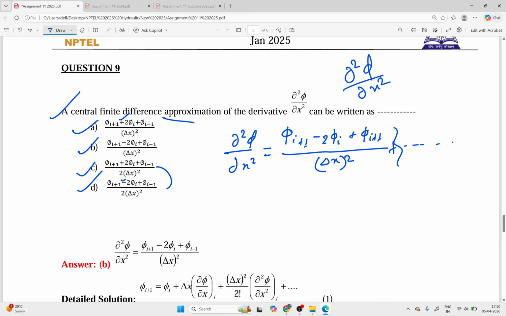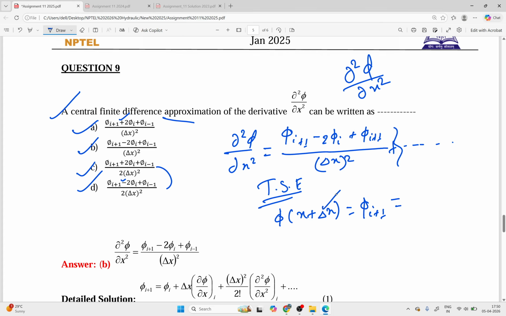Now, how does this equation come? Using the Taylor series expansion you will get it. You have phi at x plus delta x, or phi i plus 1.